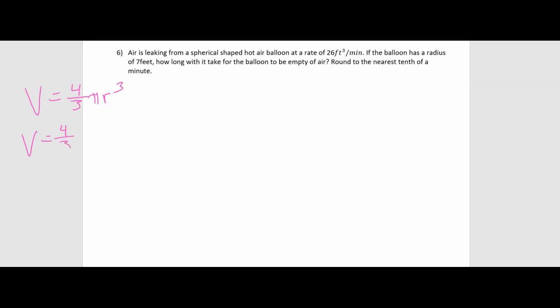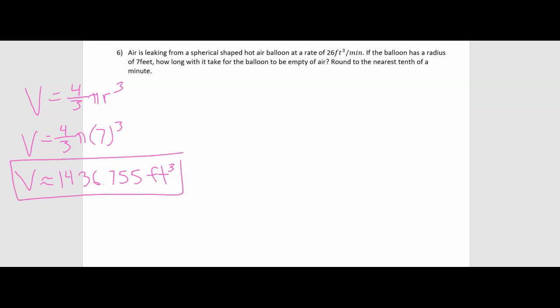So 4/3 pi times 7 cubed. Let's punch that into a calculator. That gives us approximately 1,436.755 cubic feet. Again, I'm going to 3 decimal places because I'm in the middle of my problem.